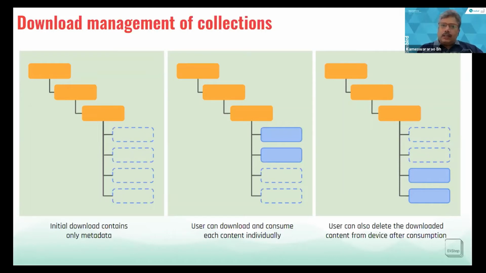So it only downloads the structure and the metadata, and the users have the flexibility to download the content as and when they want to consume it, and once consumed it can also be deleted. So this gives a nice way for users to manage their device space, but still consume the content offline.